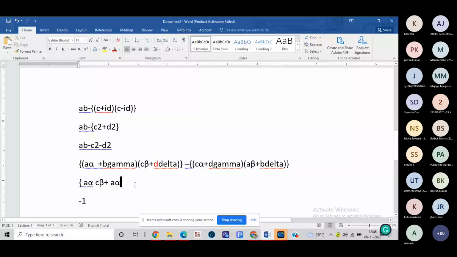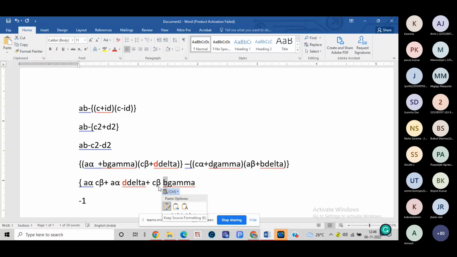You will get 4 terms. Again plus B gamma C beta, B beta.